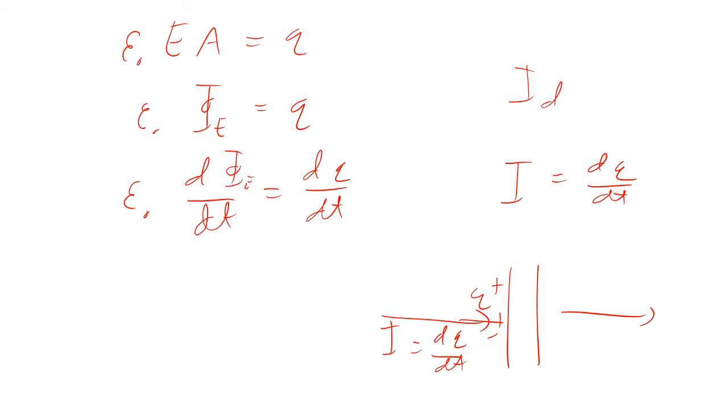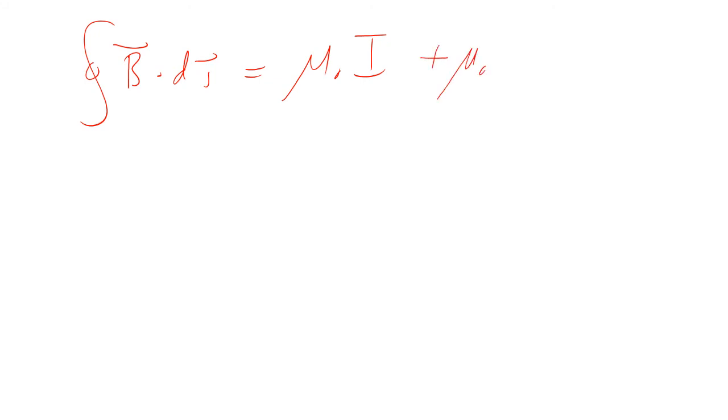Okay, well, let's look back at this Ampere. The only modification he did to Ampere's law was the integral B dot ds. Ampere said this is mu naught times I, and he inserted the mu naught I displacement also. So this is the actual current right there. That's the displacement current.